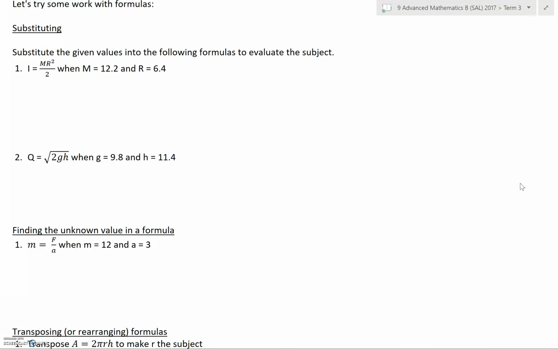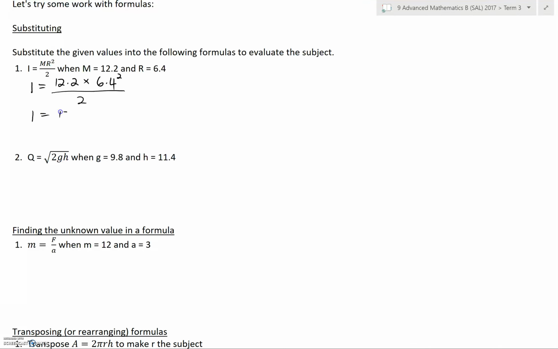So first thing I'm going to do is substitute those numbers into our formula. So I, in this case, equals, so instead of m, I'm going to write 12.2, and remember these are actually times, and r squared. So we want 6.4 instead of r, and we're squaring that number, and it's all divided by 2. So let's simplify and get a bit further.